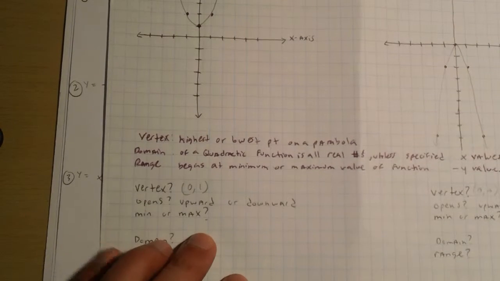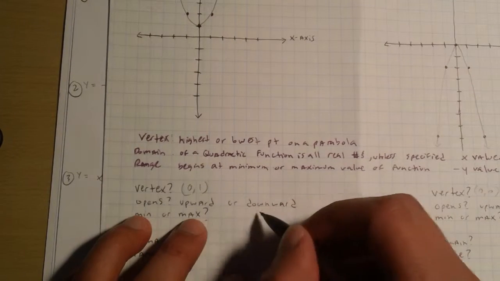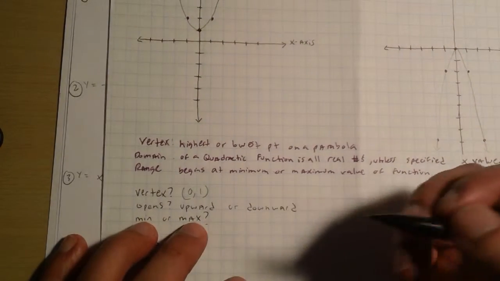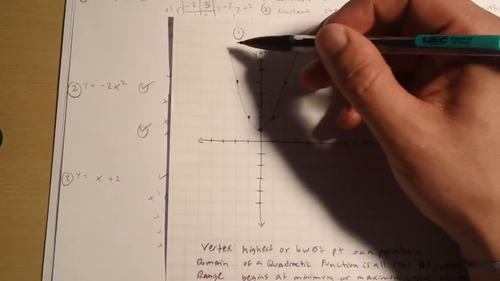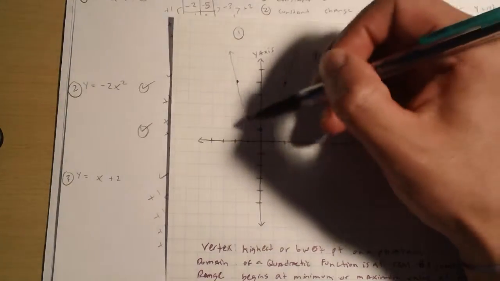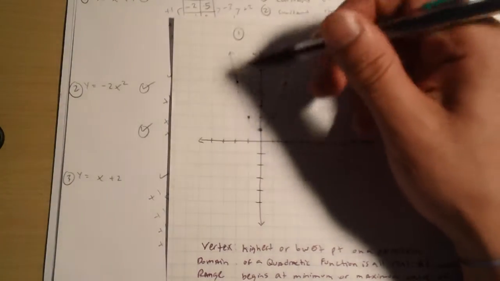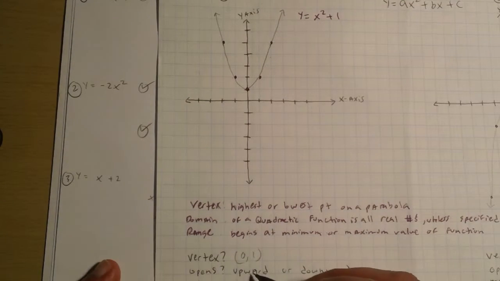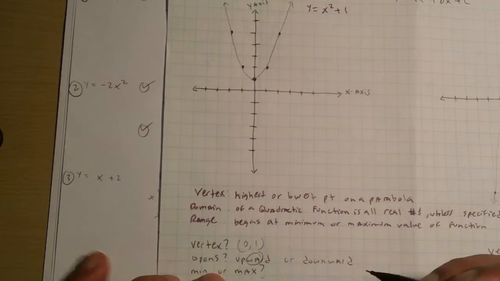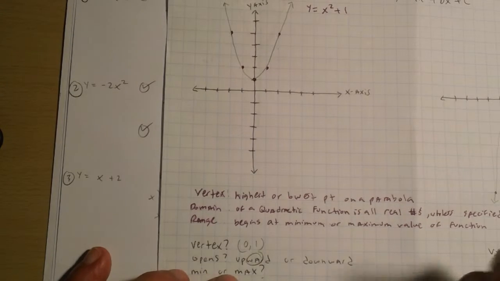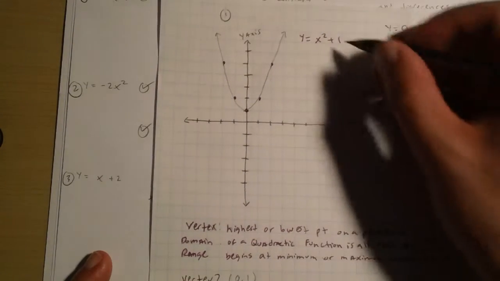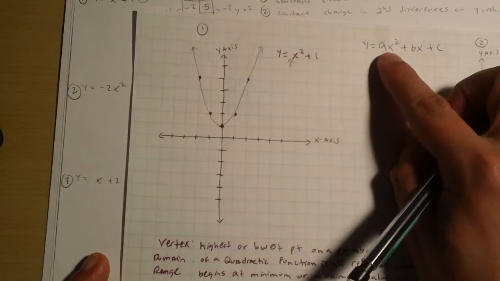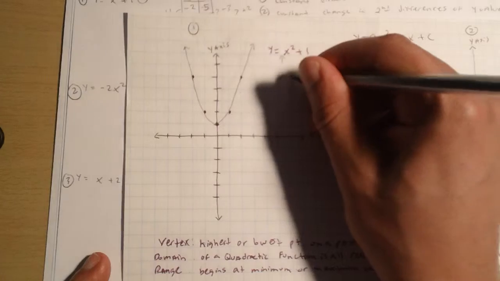Now, let's see. Opens upward or opens downward? What you should notice here is that our parabola creates a happy face. So whenever it creates a happy face, that means our parabola is going to open upward. The reason it opens upward is because our a value, like we had in our equation, is greater than 0.